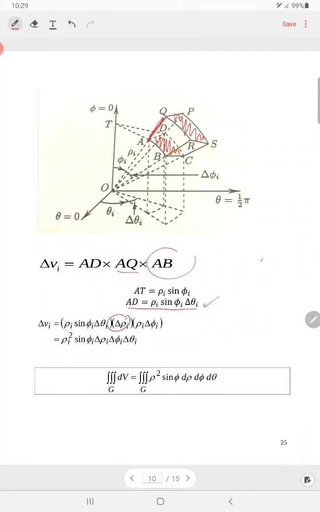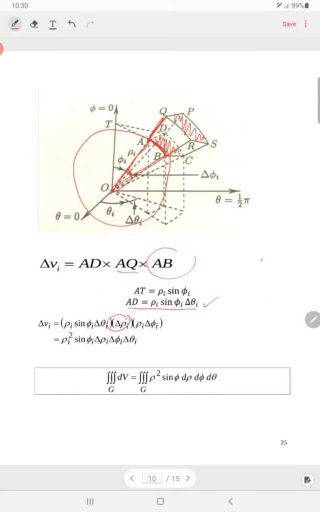AB is this. This is really part of a sphere, and here we have a circle. Again we have this radius there, and here we have the angle. The angle is really delta phi i, because this is the angle between the two cones.